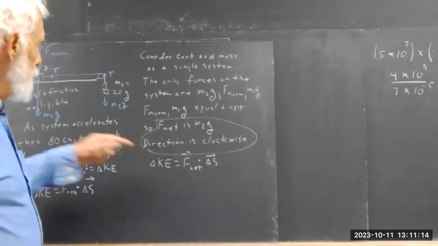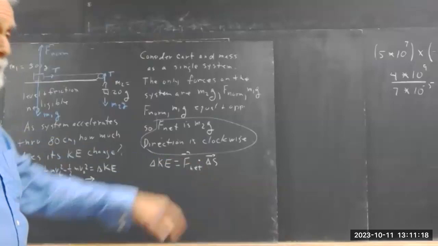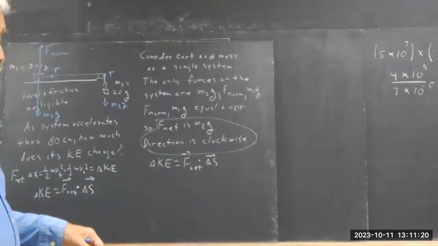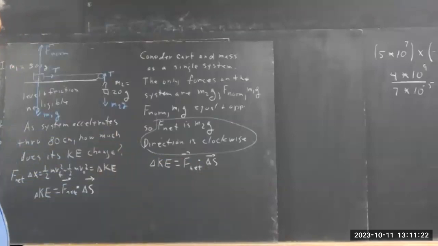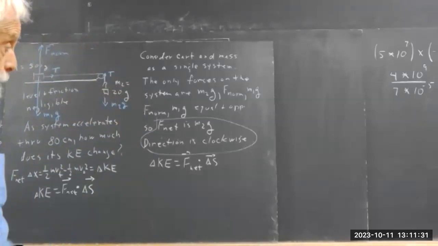The direction of F net is in the clockwise direction. What's the direction of delta S? Well, the system also moves in the clockwise direction.